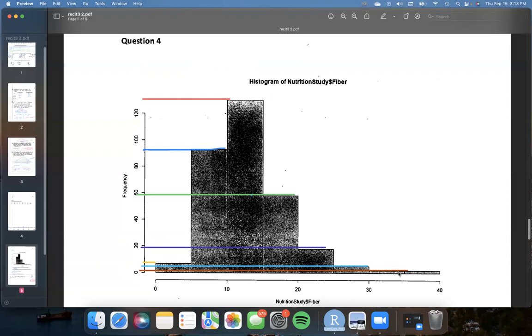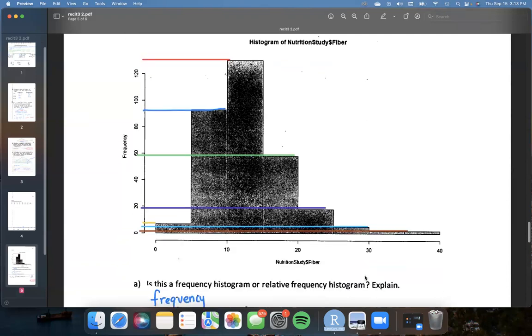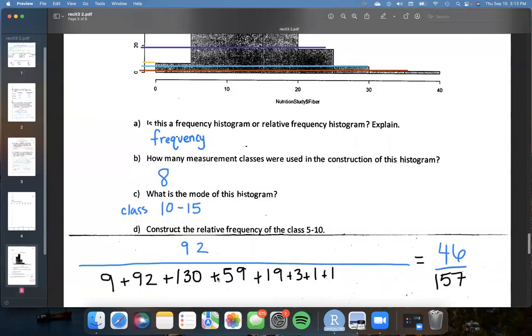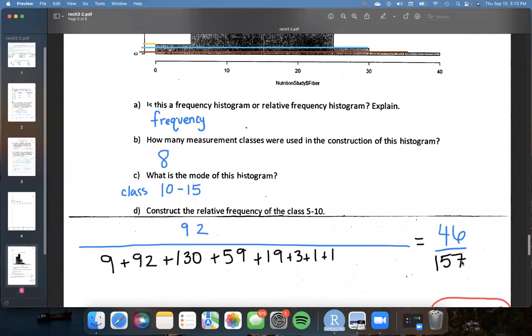And then for these two last buckets, I guess that there was 1 data point in each of these. So when I add all of these together, so 9 plus 92 plus all of that, I estimated that our total is about 157.